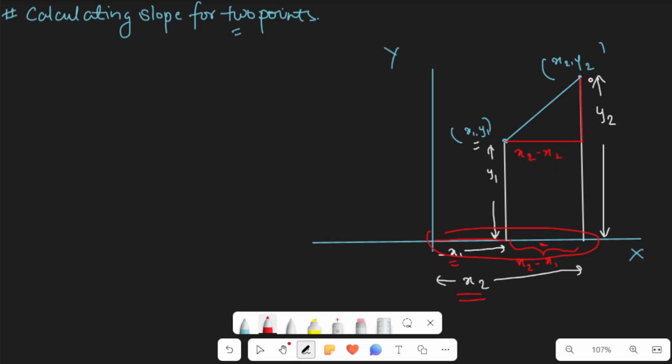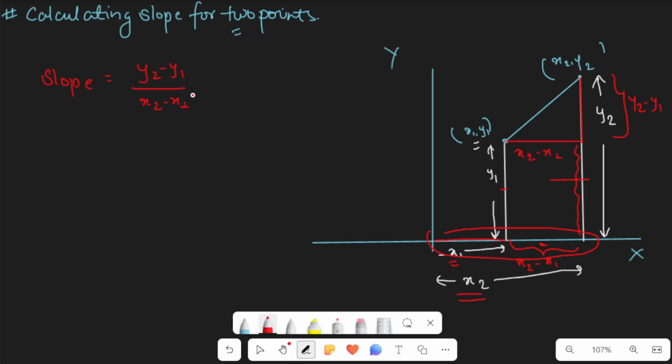Similarly, if we want to find this part, this will be equal to y2 minus y1. Subtracting this part from the whole part. The whole part is y2 and this part is nothing but y1, right? So we can calculate slope by using this formula. These are rise divided by run.